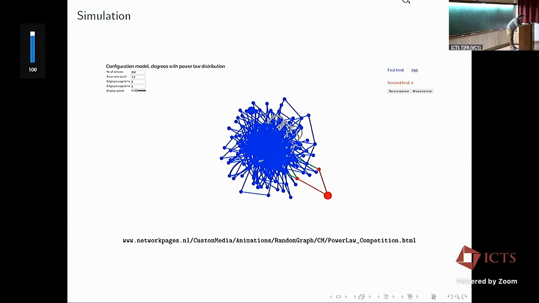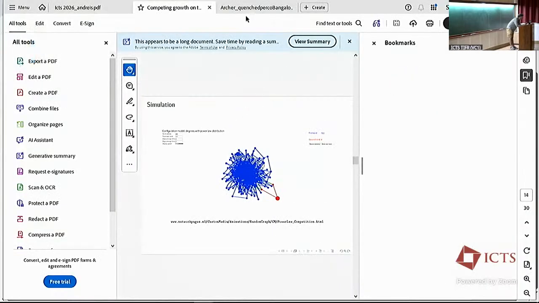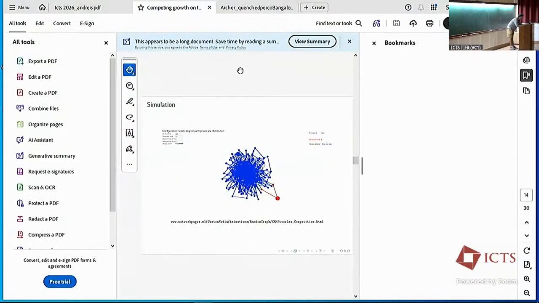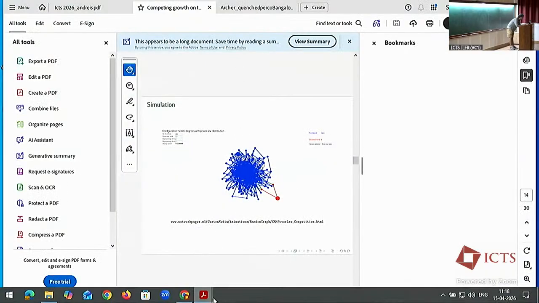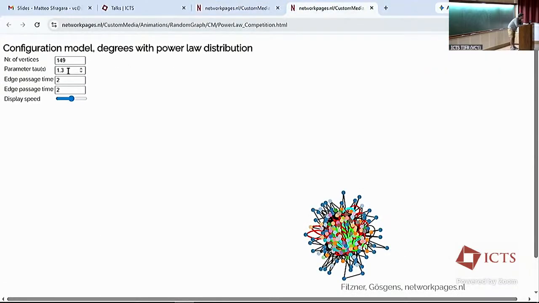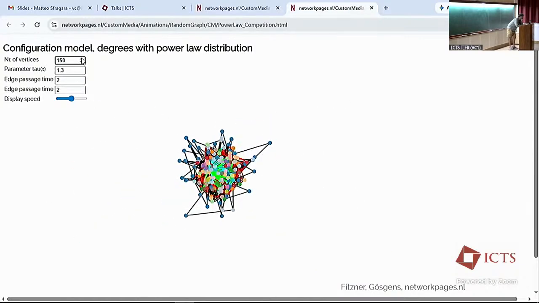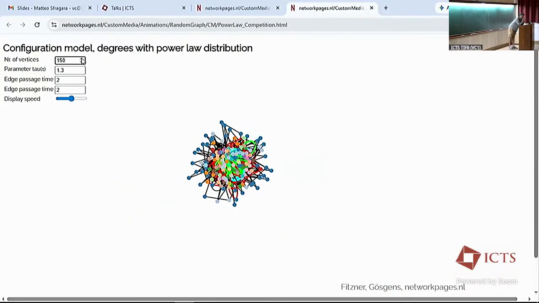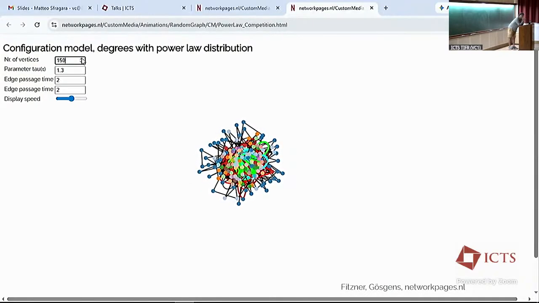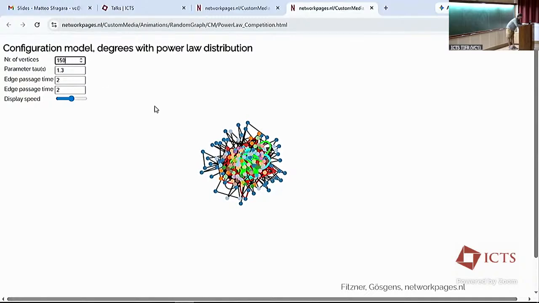but probably it's not going to work. This is happening when n goes to infinity, but if I take tau between 1 and 2, for example 1.3, and I take 150 vertices, you have a few nodes with high degrees, and everything else is connected to them.